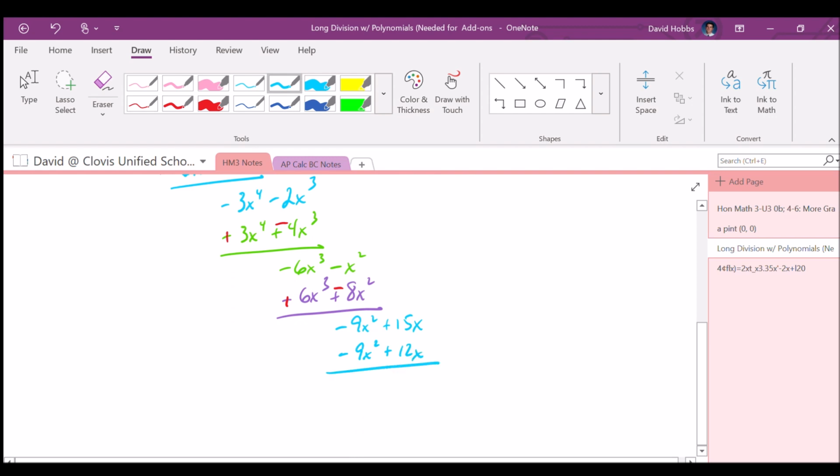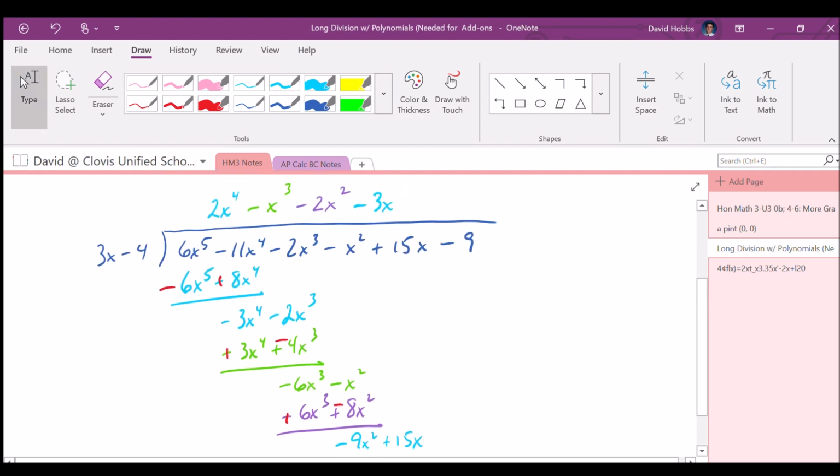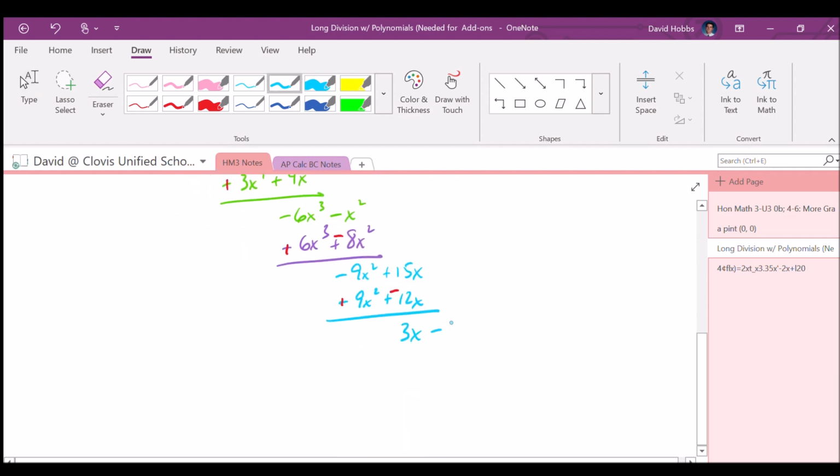And we're subtracting, so grab that obviously alternate color. And combine the like terms, the first terms eliminate, and I have 3x, and bring down the next term, which is negative 9.